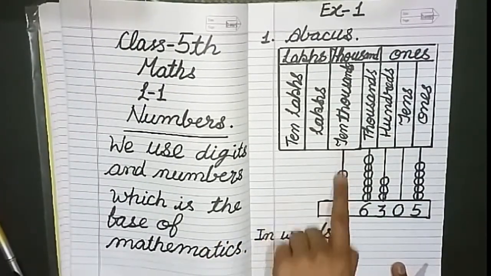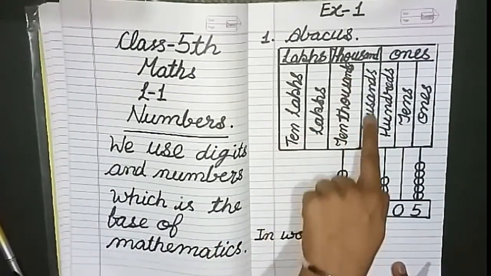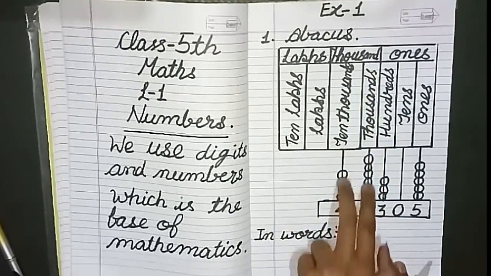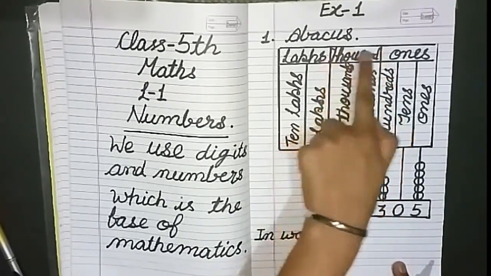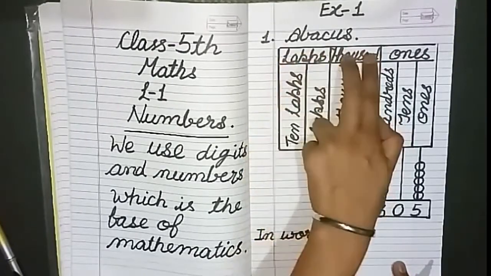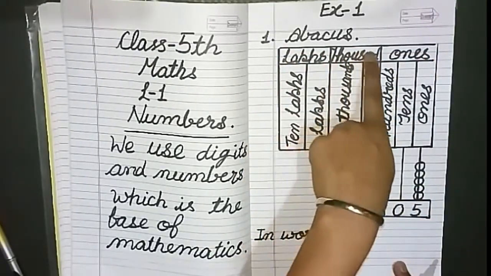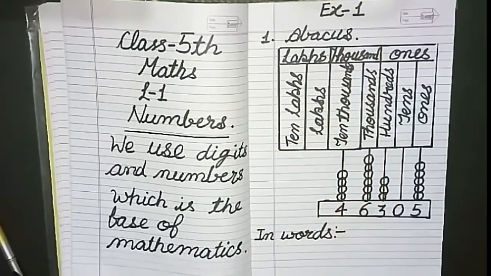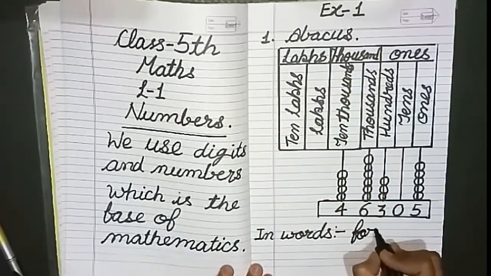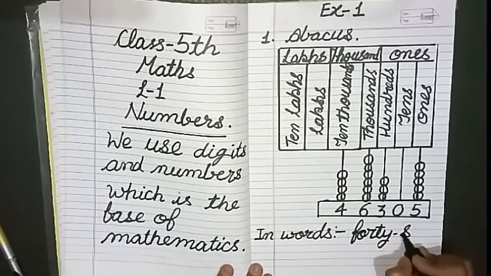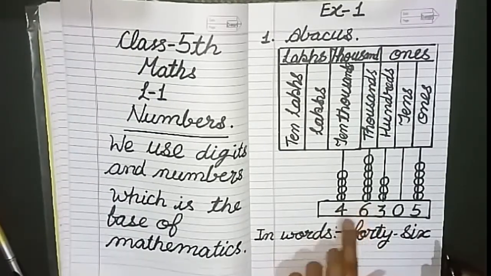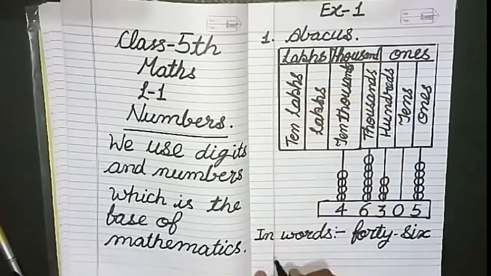Here 4 is at 10,000s place and 6 at thousands place. Here 46 together at thousands place, right? Here you can see lakhs, thousands and ones. So here 46, because this is part of thousands, we will write these both together. So let's write in words: 46,000, right?